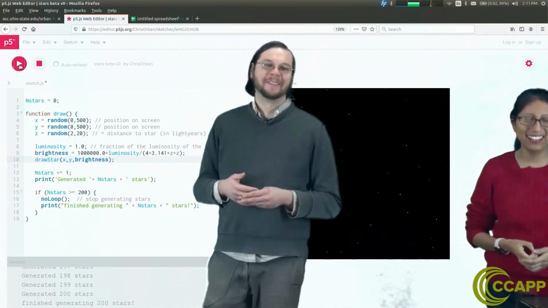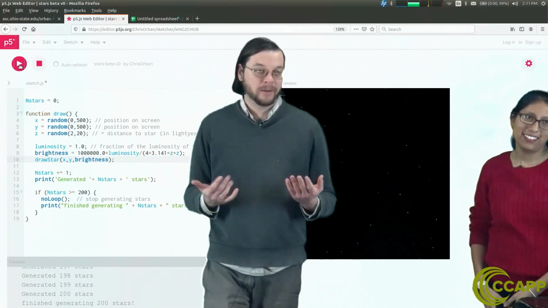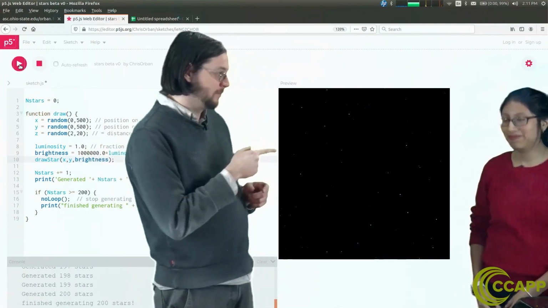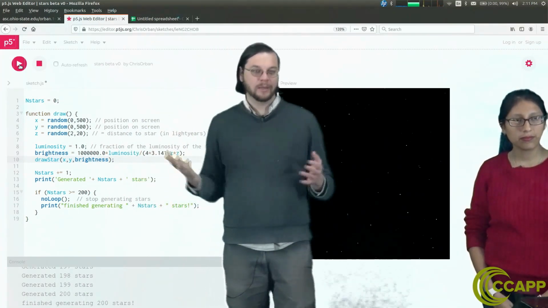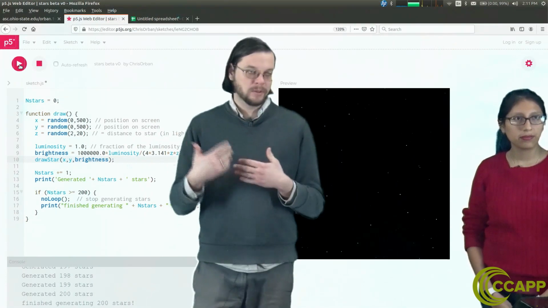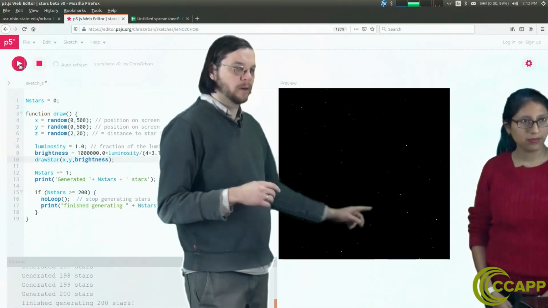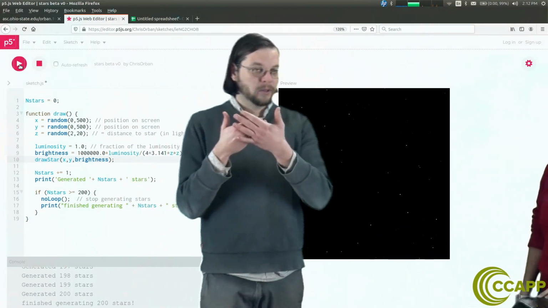Okay, good. So now instead of having all the stars have the same brightness, instead we have all the stars with the same luminosity. Okay? So they're all emitting the same energy per second, but some of them are closer and some of them are further away. So, for example, these ones that are brighter over here, those ones are very close to us, right?